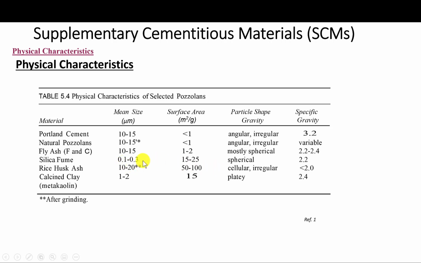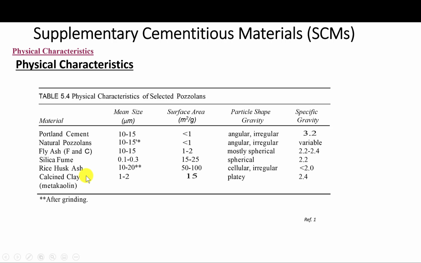The mean size is larger than, for example, silica fume. But the high surface area is a consequence of its cellular nature, and this is the reason for its high reactivity.